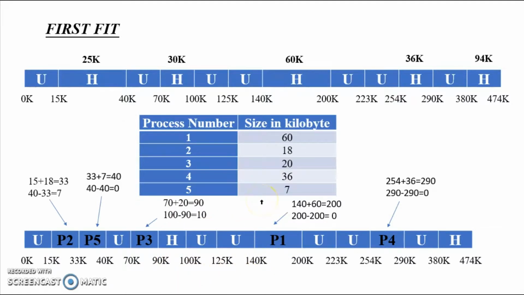So we move on to the process number 4, which the size in kilobyte is 36. So this time when we start on the first hole with 7 and the second hole with 10, two of them cannot fit the fourth process, and we go to the fourth hole, as the third hole is already filled up by process number 1.